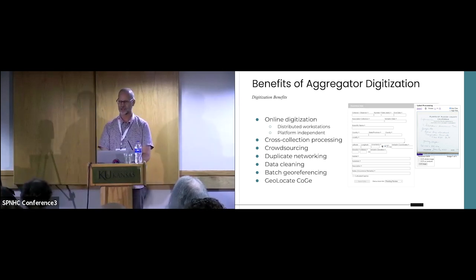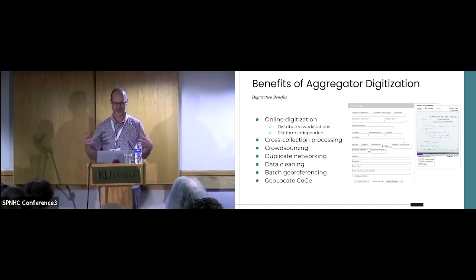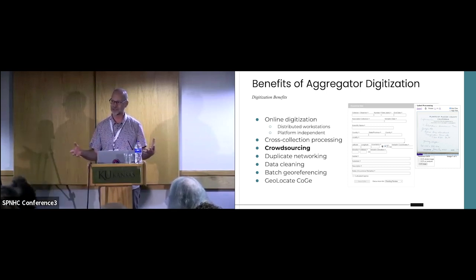Now, one of the benefits of doing it in an aggregator type system like that is you could develop these workflows. Oh, it's not highlighting the stuff correctly, but you could digitize these workflows where you could do crowdsourcing. So now you could have these crowdsourcing volunteers create accounts in the portal rather than creating accounts across all the collections.